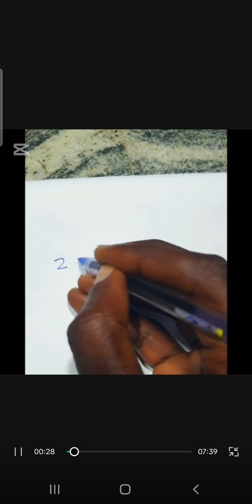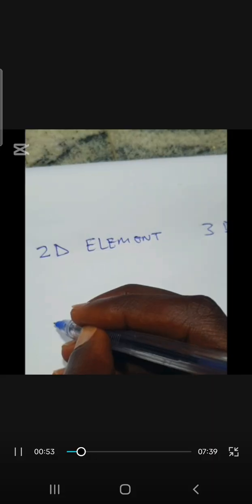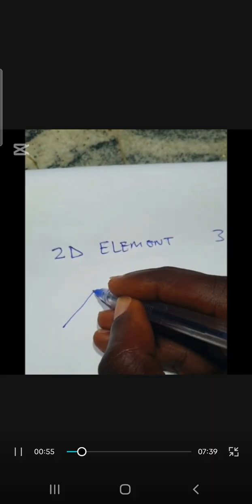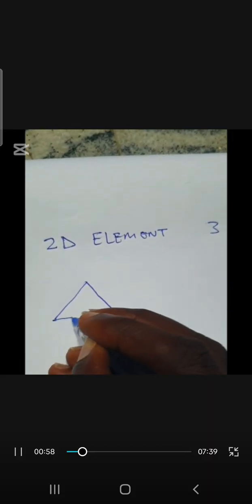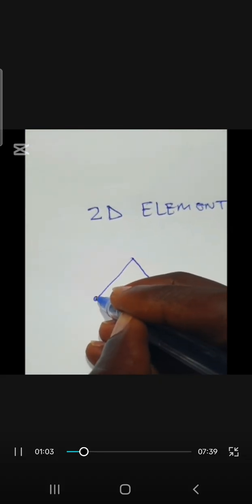So it uses the 2D element and also the 3D elements. So in the 2D element, let's say we have a triangular element.